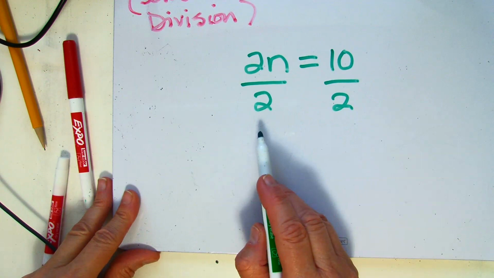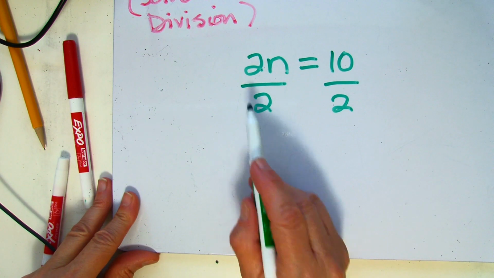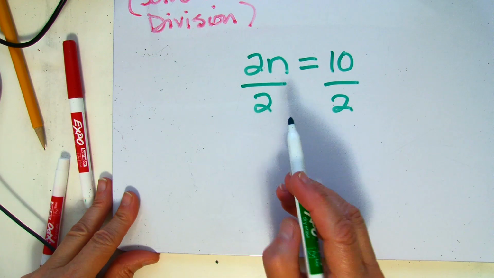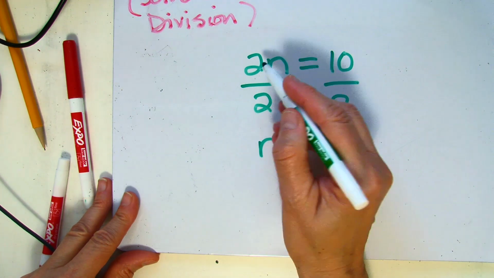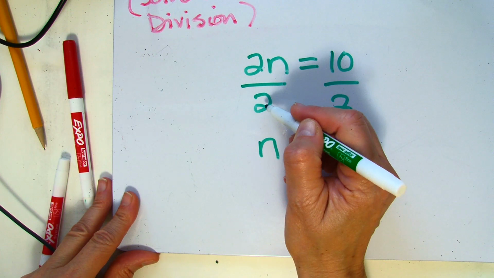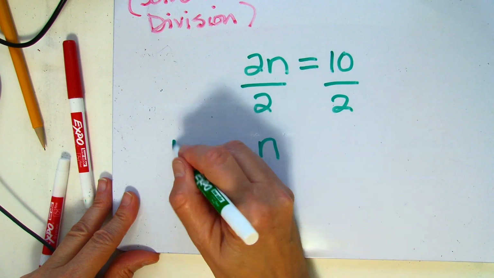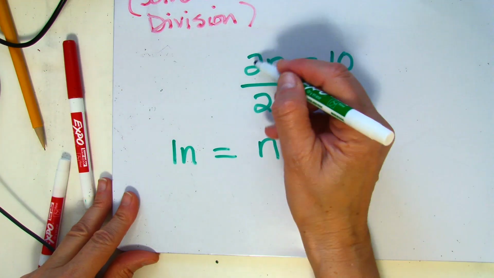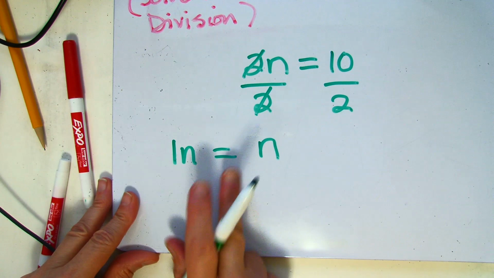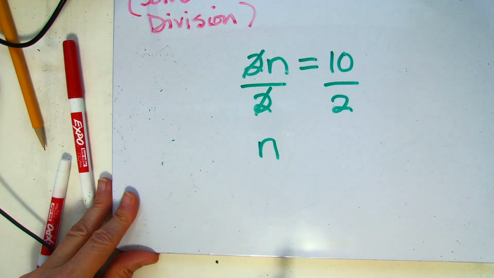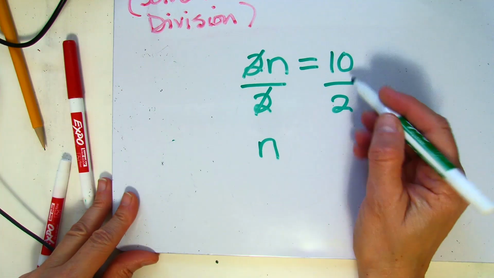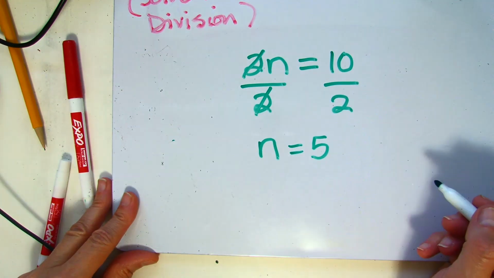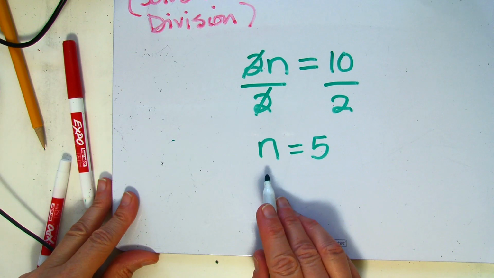To solve for n, we're going to do the division. 2n divided by 2 is going to become n, because 2 divided by 2 is 1, and 1n is the same thing as n. So these 2's are going to cancel, and we're left with n. Now 10 divided by 2 is going to give me 5. Now I've solved for n.